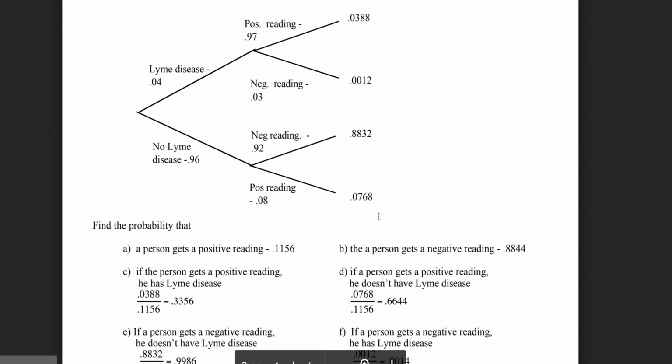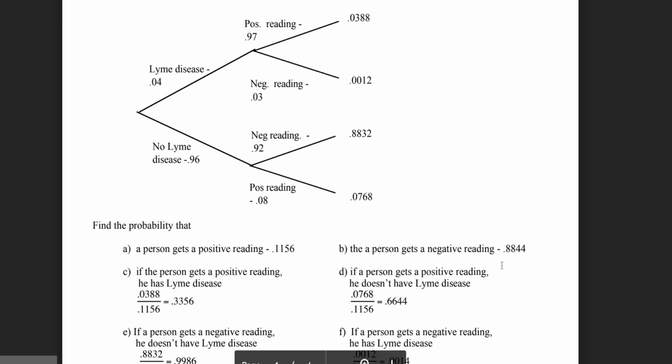So you're adding those two together to get 11.56%. You don't know. So if you're in that category, you still really don't know if it's because you have it or because you just had a wrong reading, an incorrect reading. There's still that chance, right?